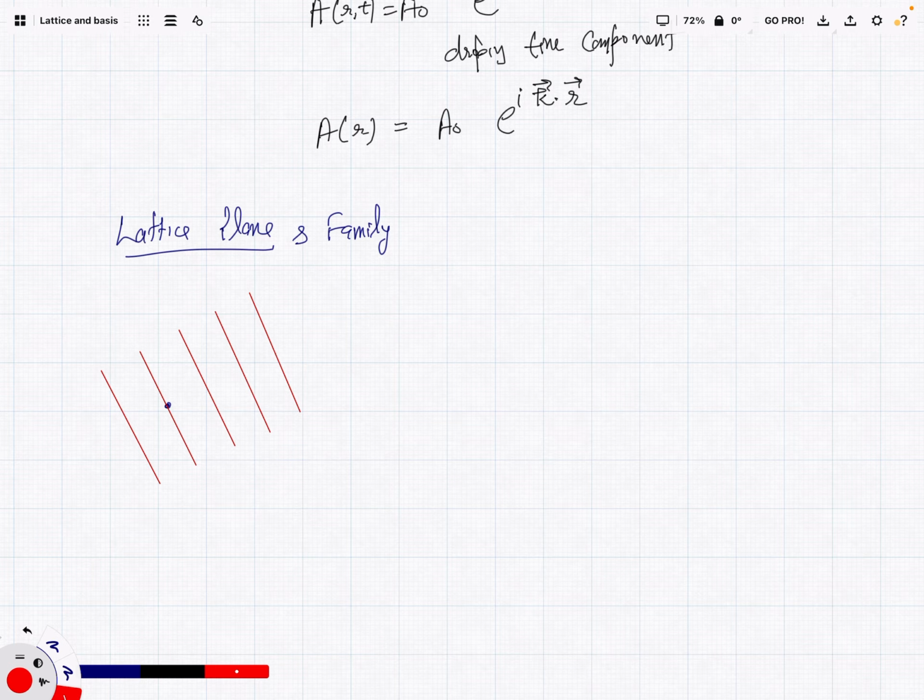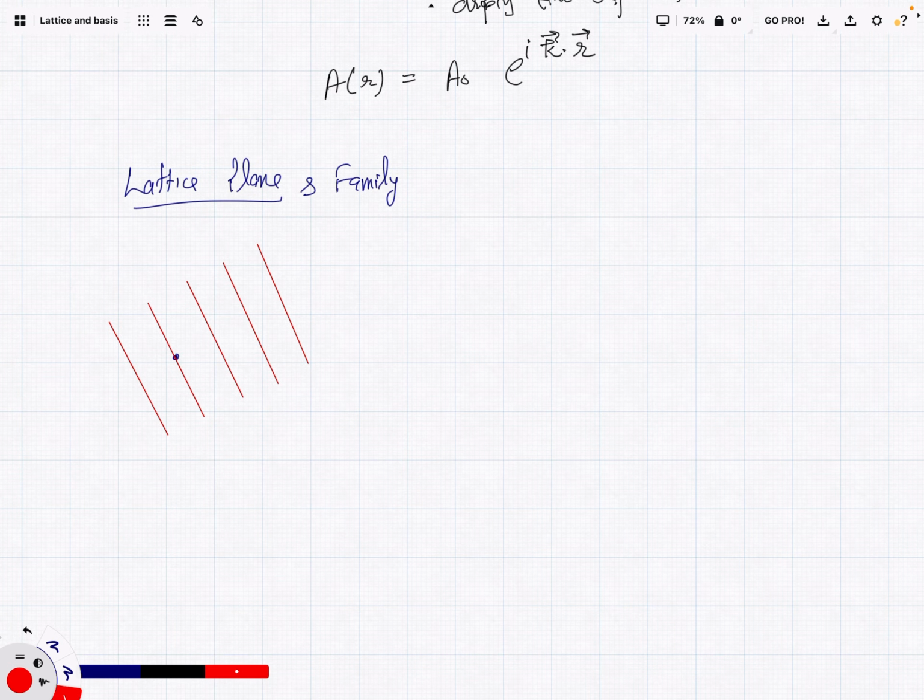And what we wanted to do, we wanted to write the equation of a plane, right? And how can I write the equation of a plane? I can write there is some normal vector n, right, and let us say I have some r naught point here in some plane, right?